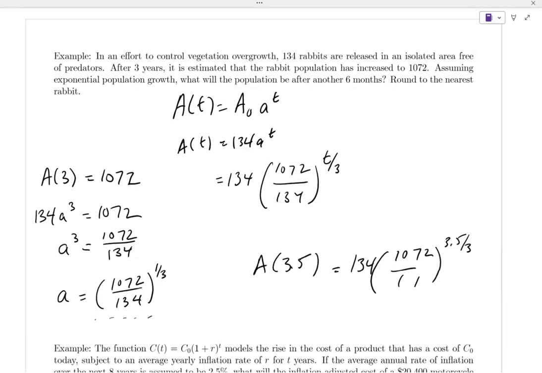So yeah, we want to actually plug in 3.5 for the t. If you would have just plugged in 0.5, you would have got a number smaller than 1,072, which wouldn't have made any sense. It should have grown more past that point. And this one's asking us to round to the nearest rabbit.